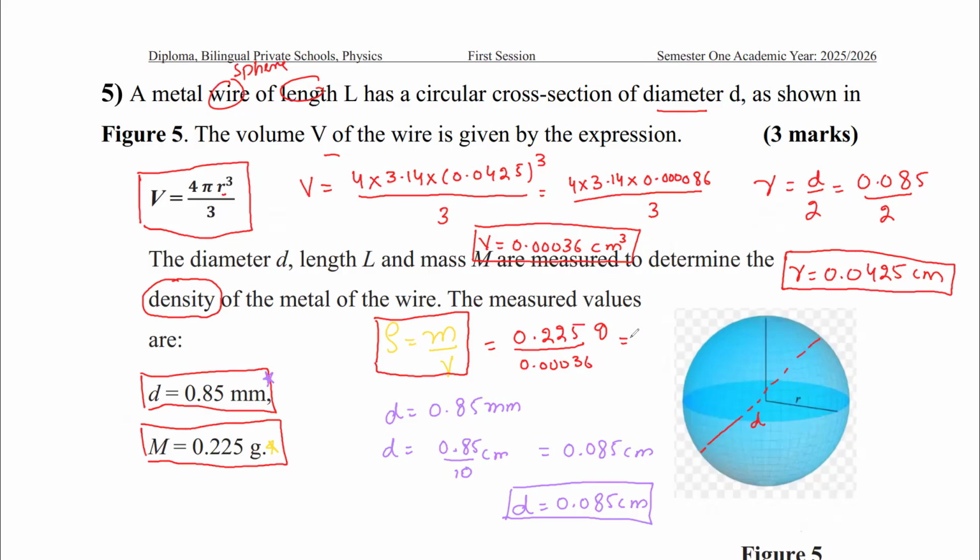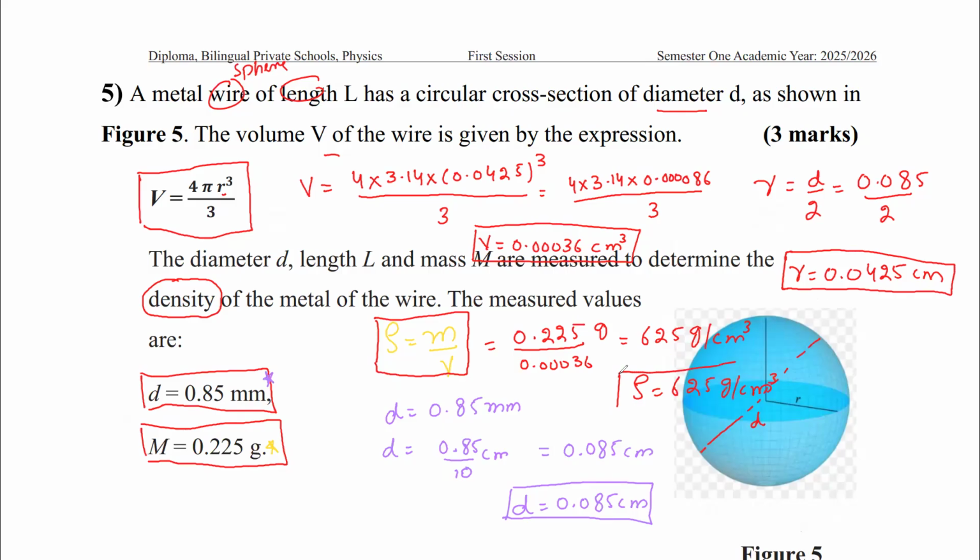So 0.225 divided by 0.00036 is approximately equal to 625 gram per centimeter cube. Okay, so this is the answer.